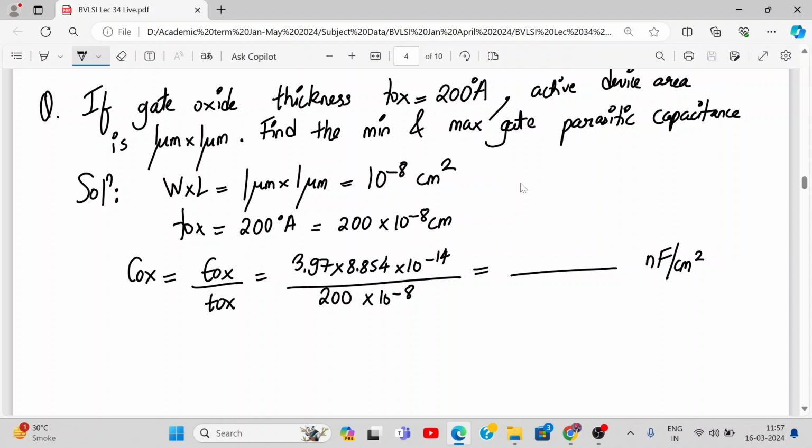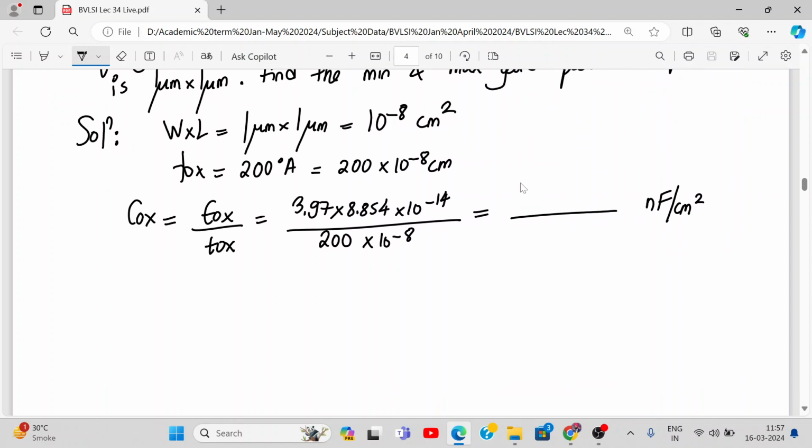How much is this value? Come on, calculate this and let me know. 3.97 into 8.854 into 10 raised to minus 14 divided by 200 into 10 raised to minus 8. So use your calculators and let me know what is the answer.